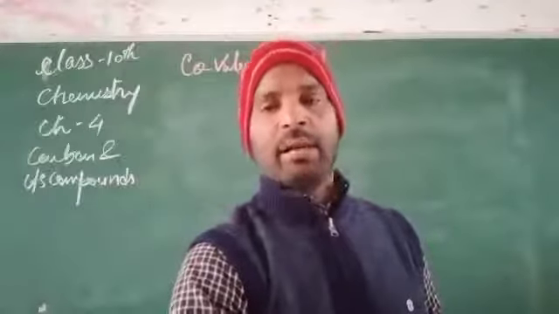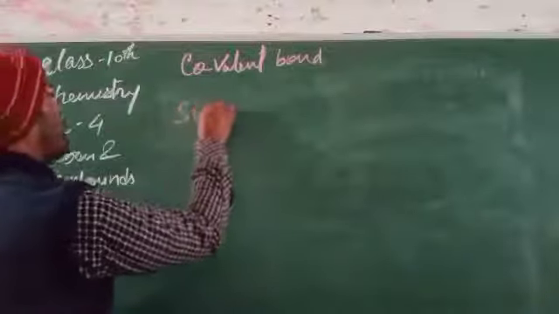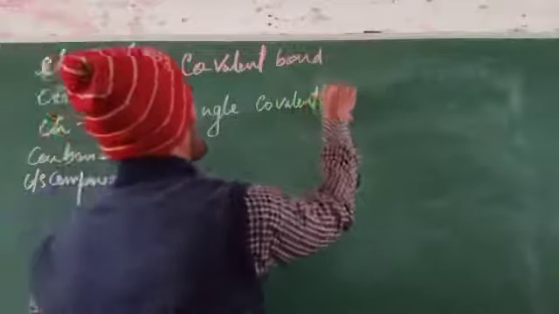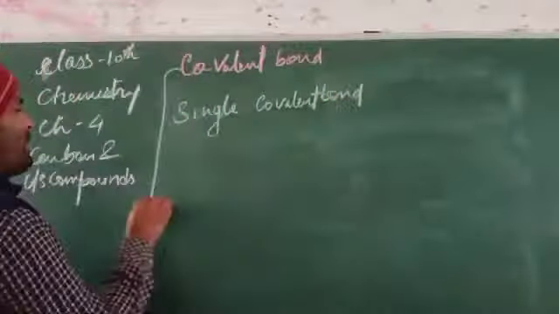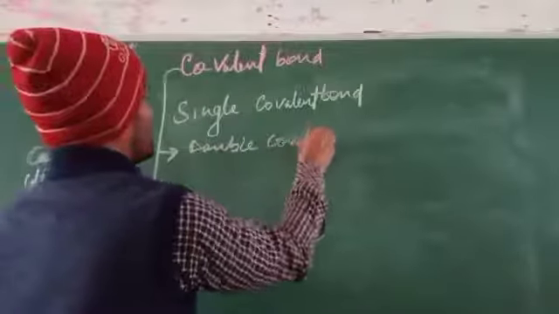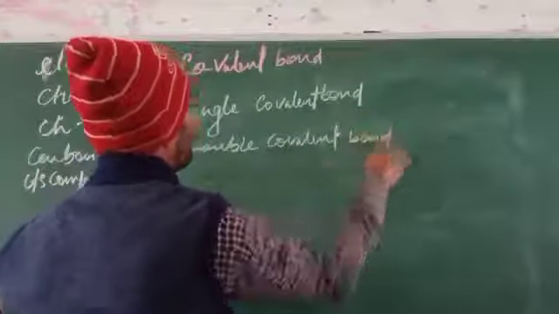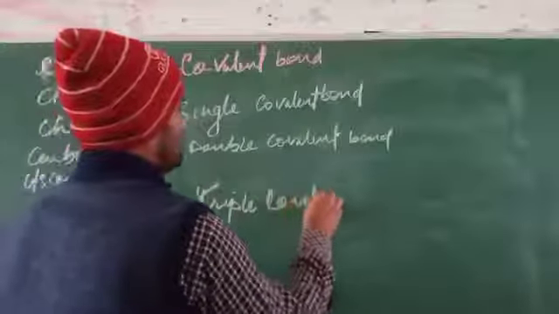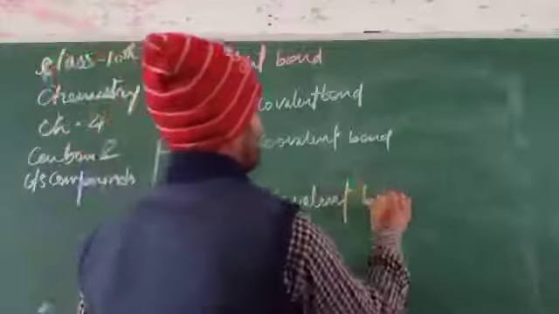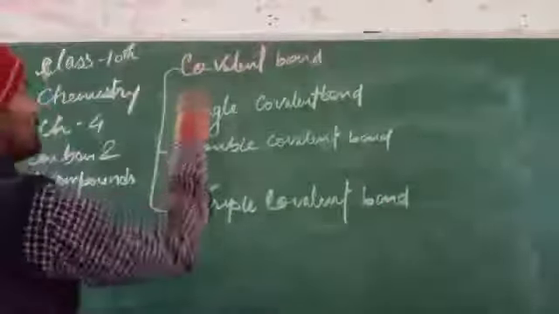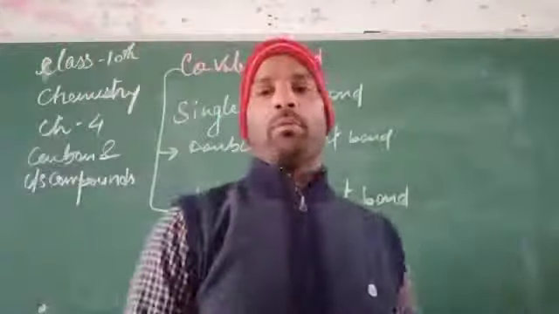So here we will first write about the single covalent bond. It may be defined as single covalent bond, double covalent bond, or triple covalent bond, a type of covalent bond.